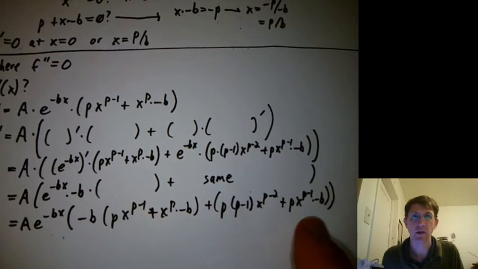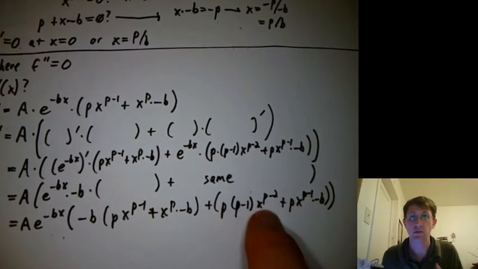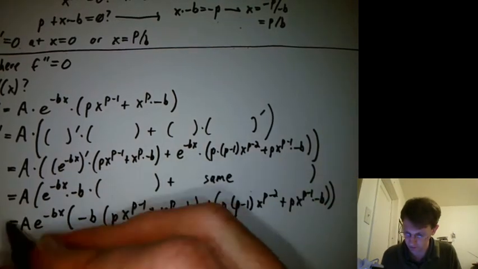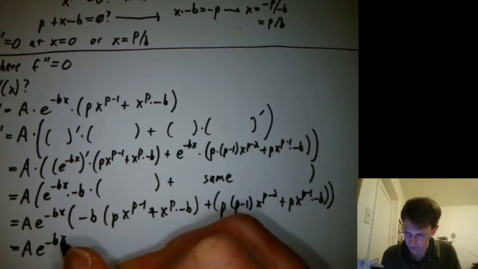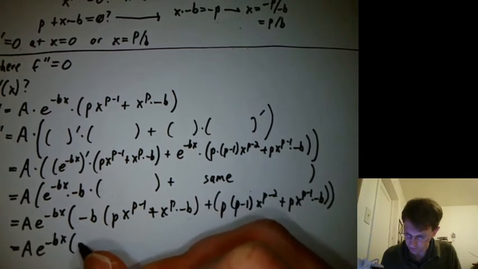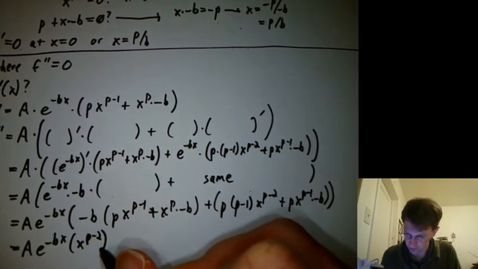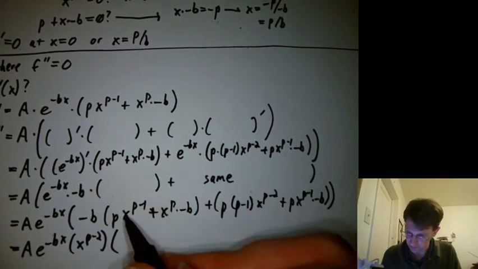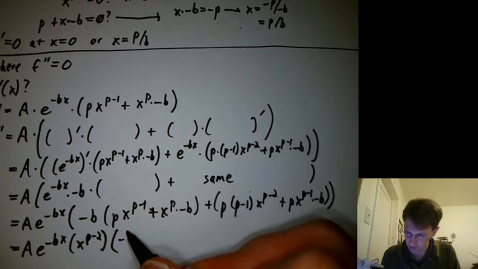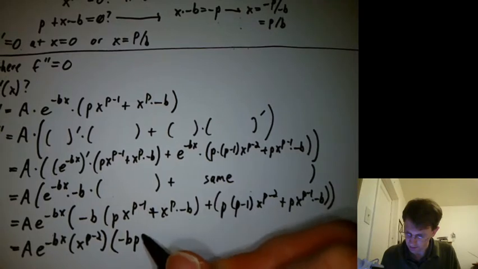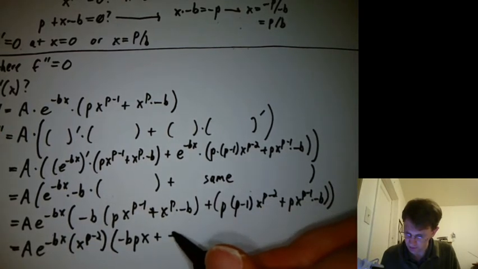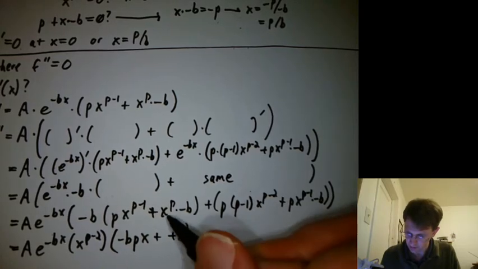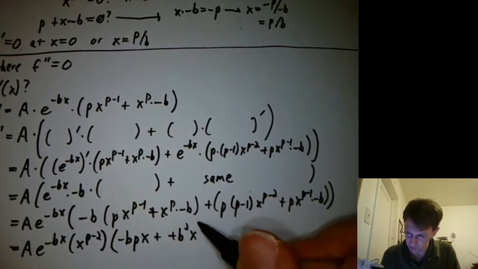And then let's factor out, last time we factored out an x to the p minus 1, let's factor out an x to the p minus 2 because that's our lowest power here. So e to the negative bx, x to the p minus 2. And then what do we have left? We have negative bp x, negative b, so positive b squared x to the 2.